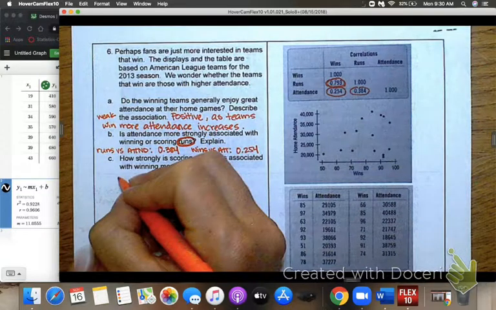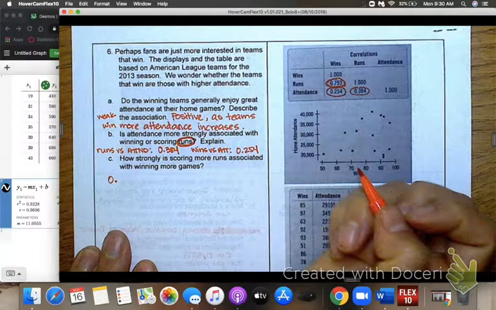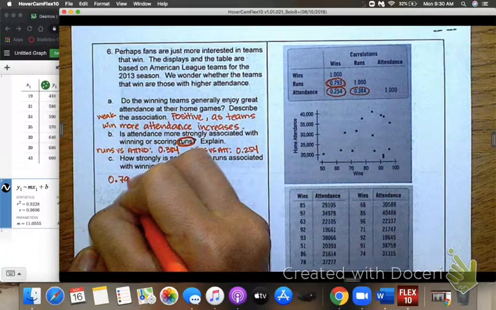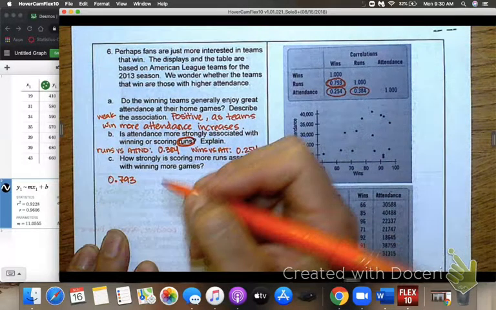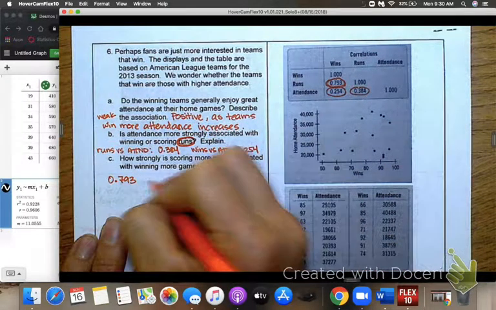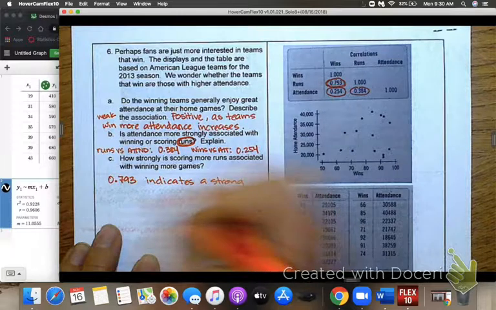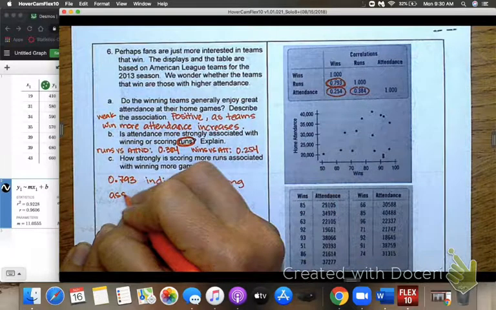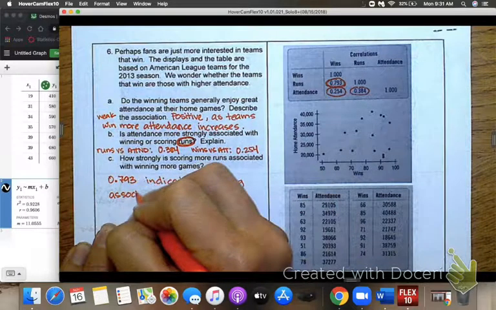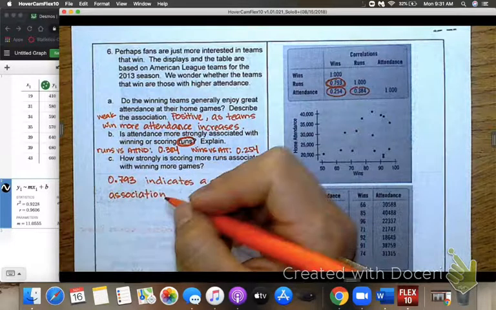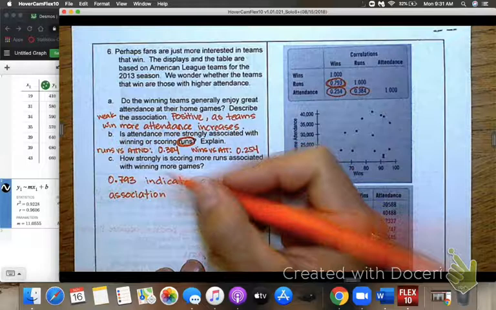This tells us that as the number of runs increases, so does the number of wins. So it does indicate a strong association.